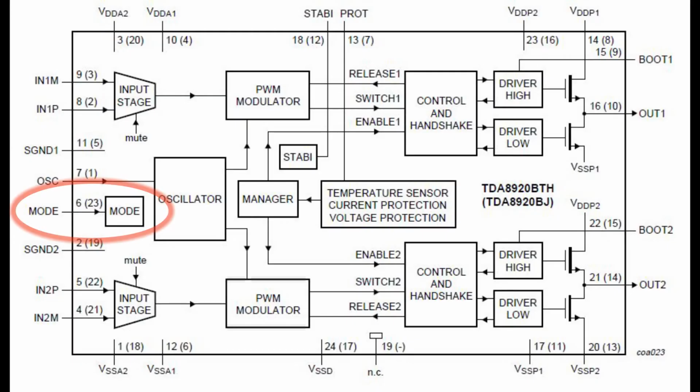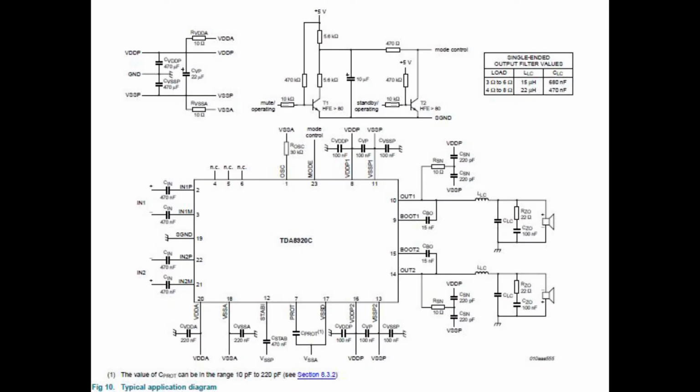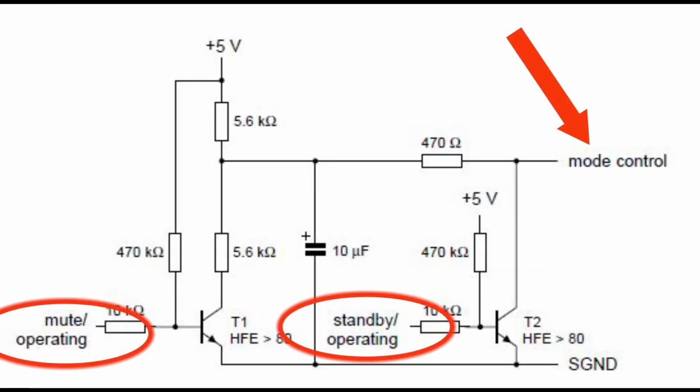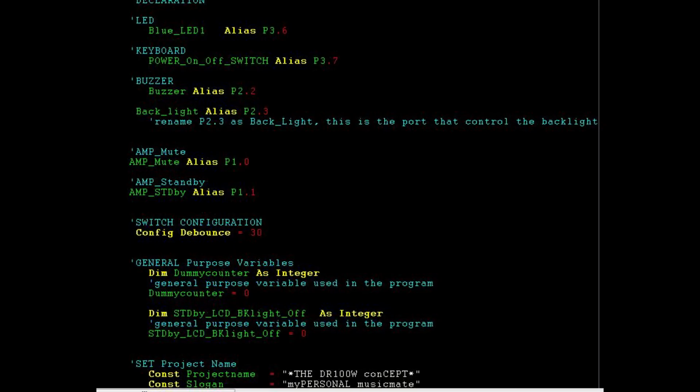To implement the mute and the standby mode in reference to the TDA8920 BTH, the Class D amplifier we use in our project, you need to deep dive into the datasheet specification, probably on page 22, on the external transistor switch, and understand the standby, mute, and the operating voltage.